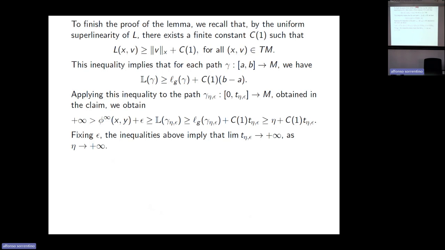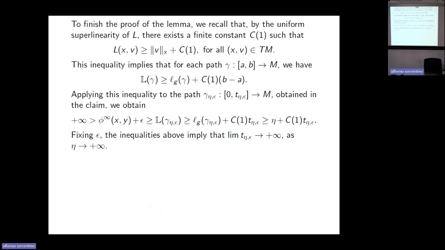So this is larger than the length of gamma eta epsilon plus C1 plus c0 t eta epsilon. Okay? So for each eta, we got such a thing, and here this is larger than eta.